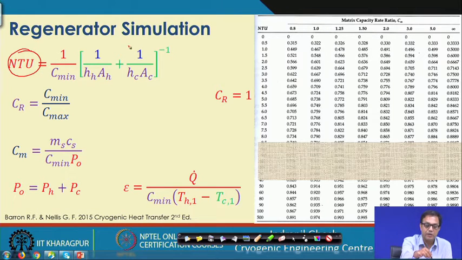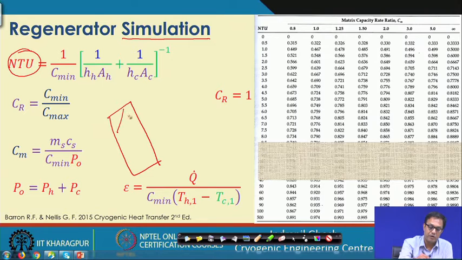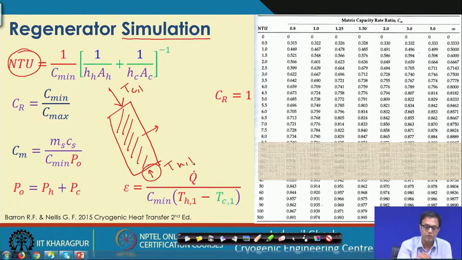You may remember that when we talk about the simulation, that means the regenerator matrix, all the internal things are known, its geometry is known and its inlet temperature is known, inlet temperature of the hot fluid is known, inlet temperature of the cold fluid is also known. So, Tc1, Th1, these are known, geometry and all other details like heat transfer surface area.